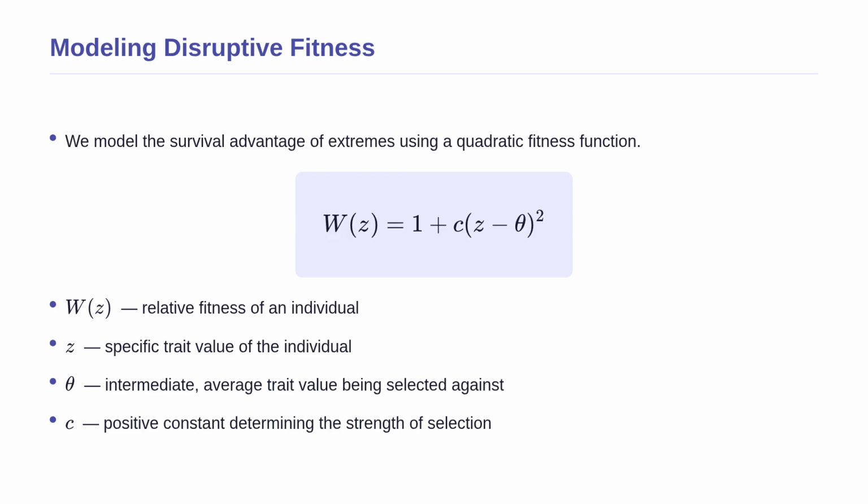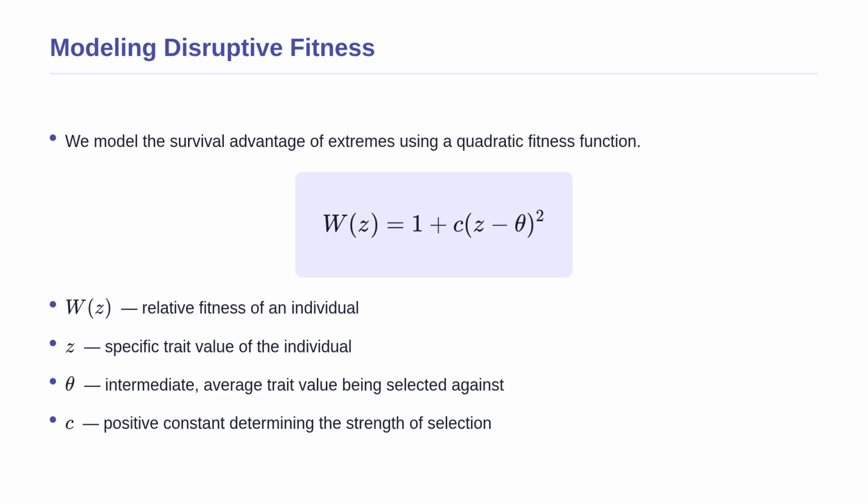To understand exactly why the extremes survive while the average perishes, we use a quadratic fitness function, written as W of Z. Here, W represents the relative fitness of an individual with a specific trait value, Z. The symbol theta represents the intermediate, average trait value that is being actively punished by nature.